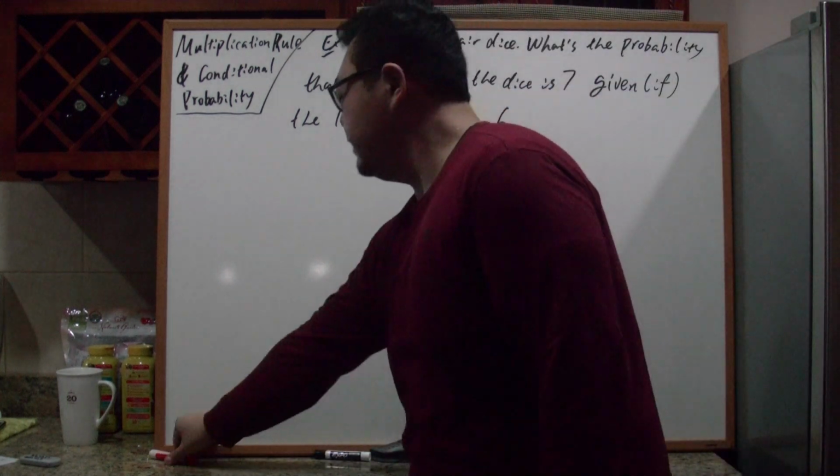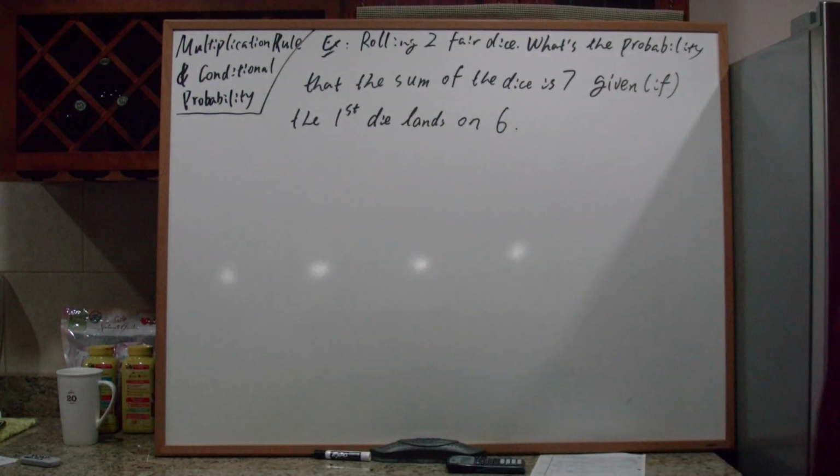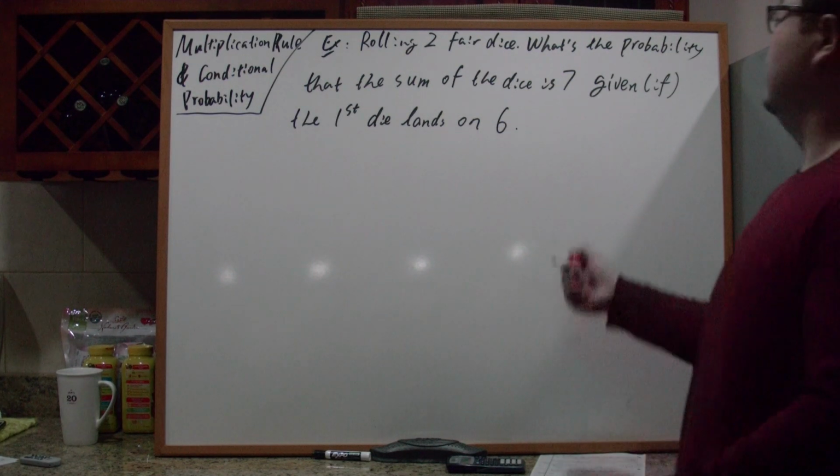Well, it's the probability that the sum of the dice is 7, given the first die lands on 6.